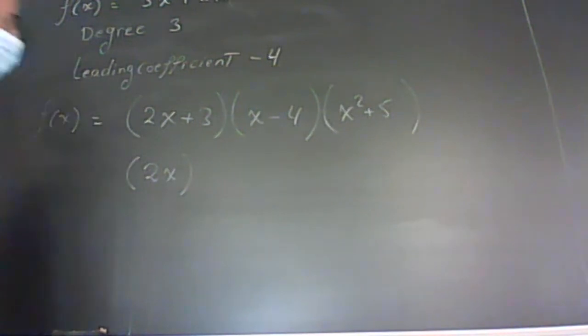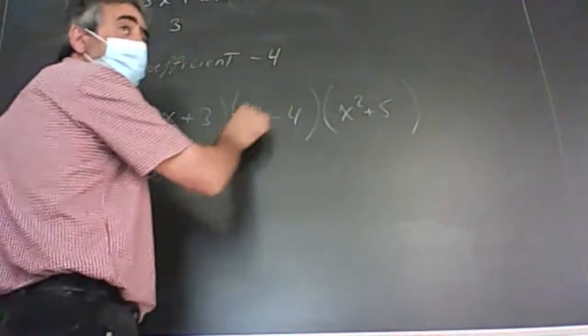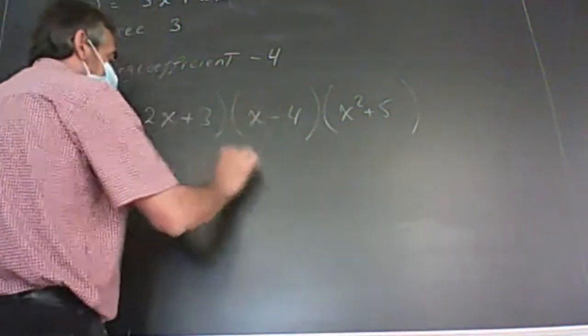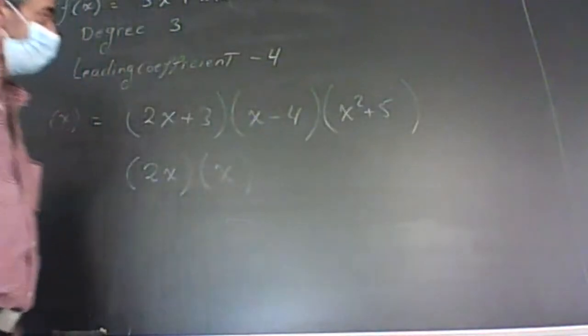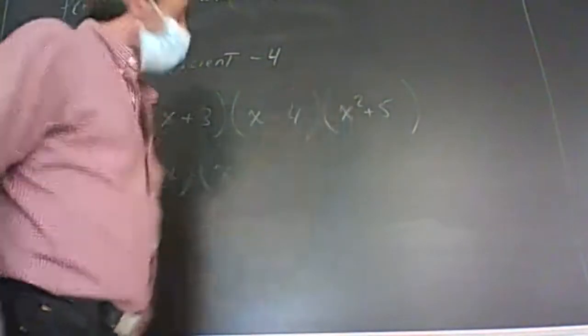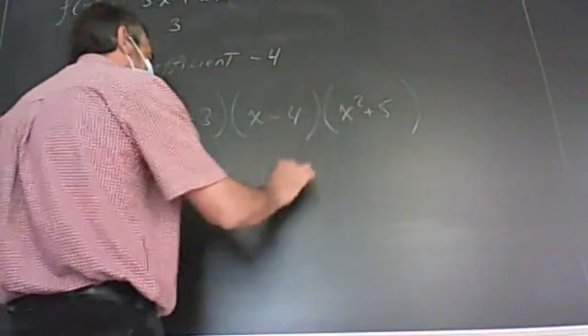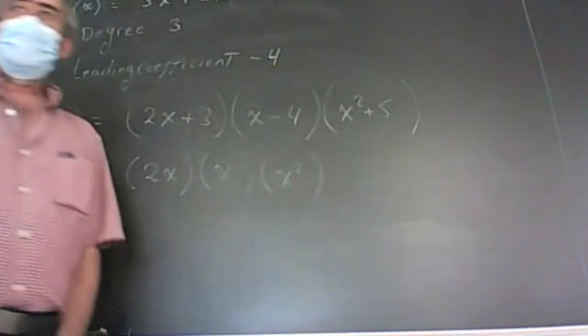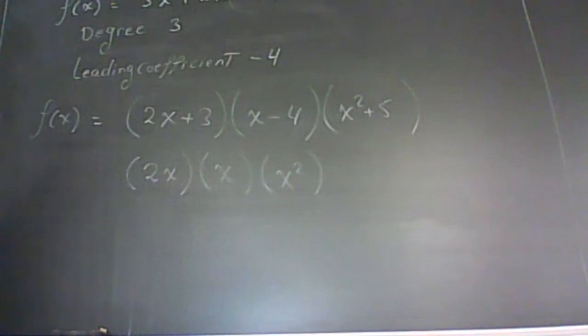In here, we only have x. In here, we have x squared. Now, if I were to multiply these, what do I get?